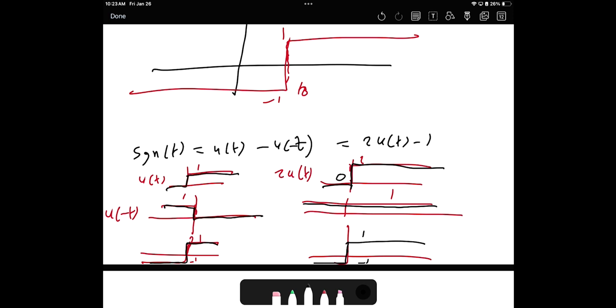Okay? So that's how we derive the function, and that's the sign function. Any question?